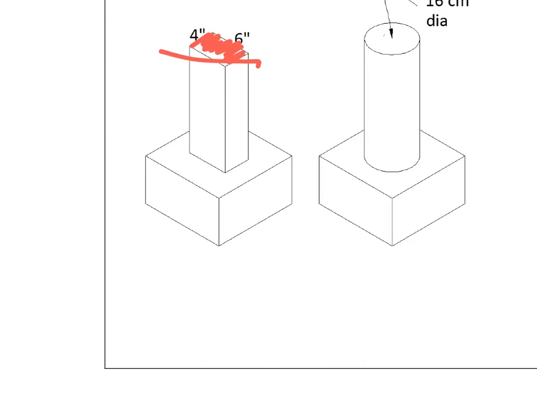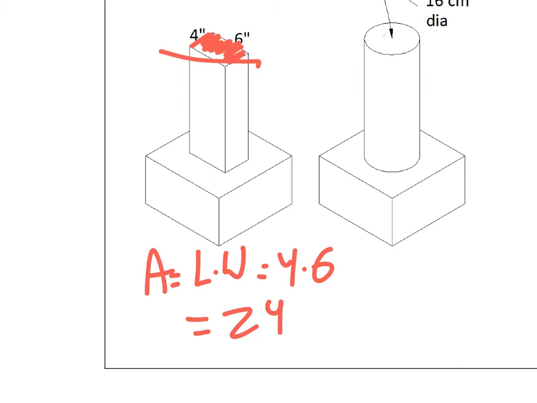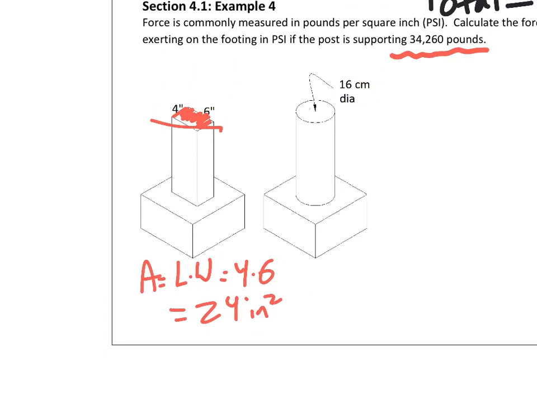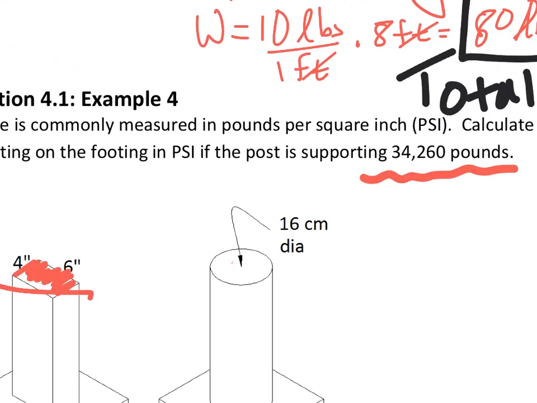The area is 4 by 6. So we have area is length times width, which is 4 times 6, which is 24 square inches. Okay. Now, if we have 34,260 pounds per square inch. Now, a little reminder here, the word per means divide.